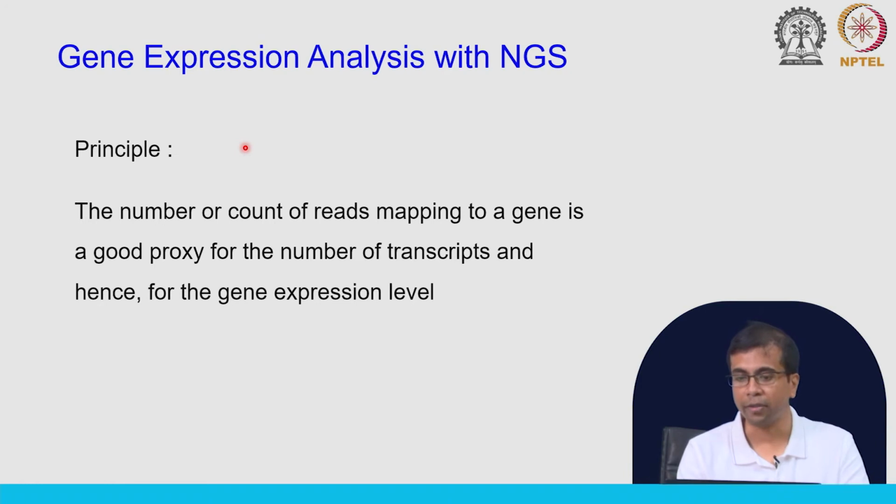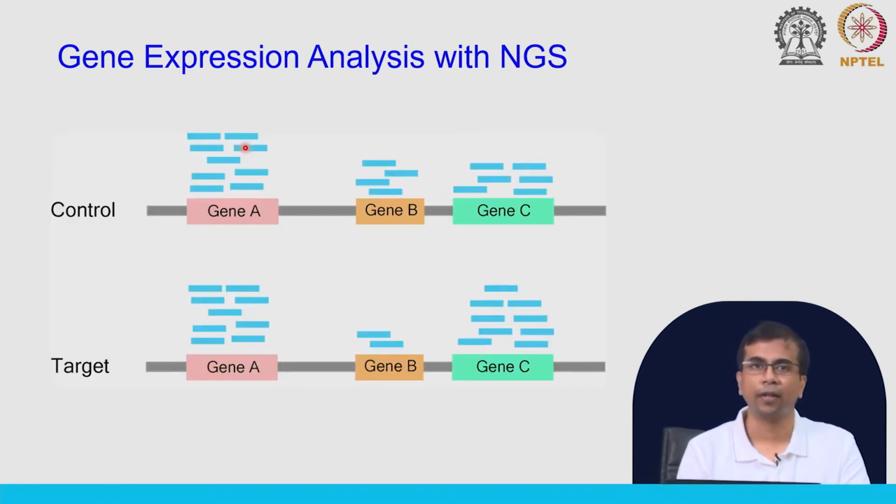Something like this we can present in a cartoon. You have gene A, gene B, gene C, and you have the control. For example, we have the normal, which is the control, and the target may be the disease. We are comparing expression level between these two samples. After sequencing, you map the reads, and most of the reads are supposed to map to the genes, because they are coming from mRNA.